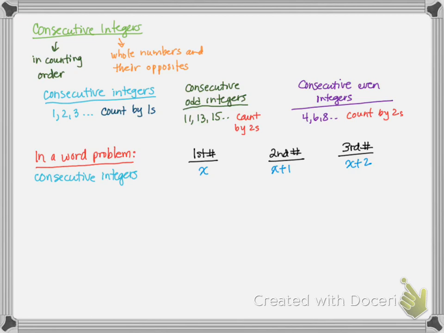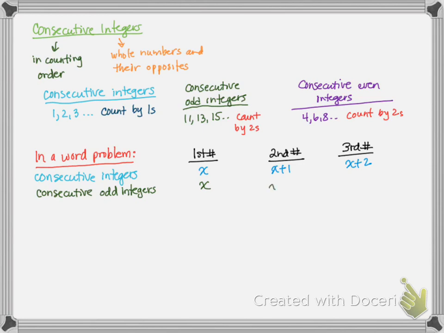All right, let's talk about our consecutive odd integers. So again, just like with consecutive integers, x is going to be our first number. But now think about it. What do I do to 11 to get to 13? I have to add by 2.